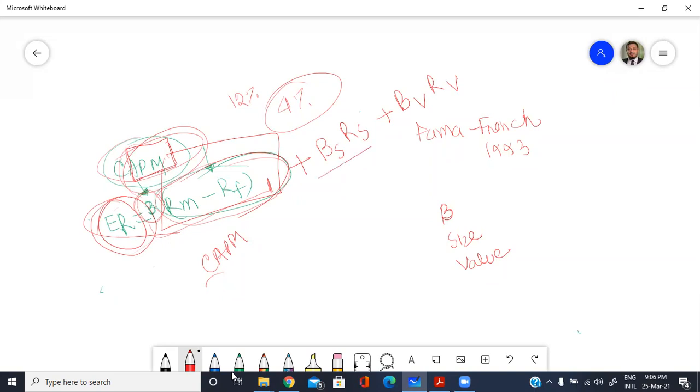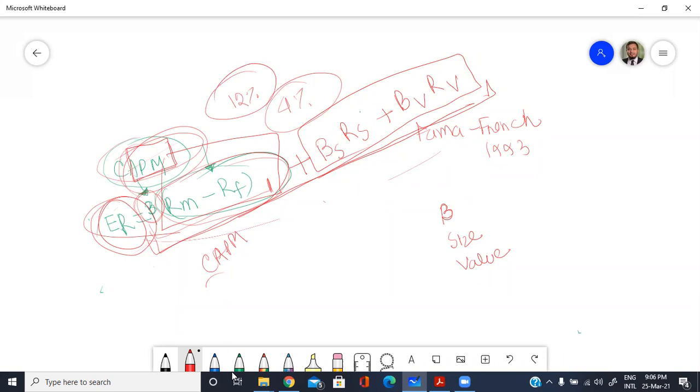How many factors? Two additional factors I have added. This is known as the Fama-French three-factor model. This is another asset pricing model. Now say, when you have used this model, you are seeing that your expected return should be 12%.